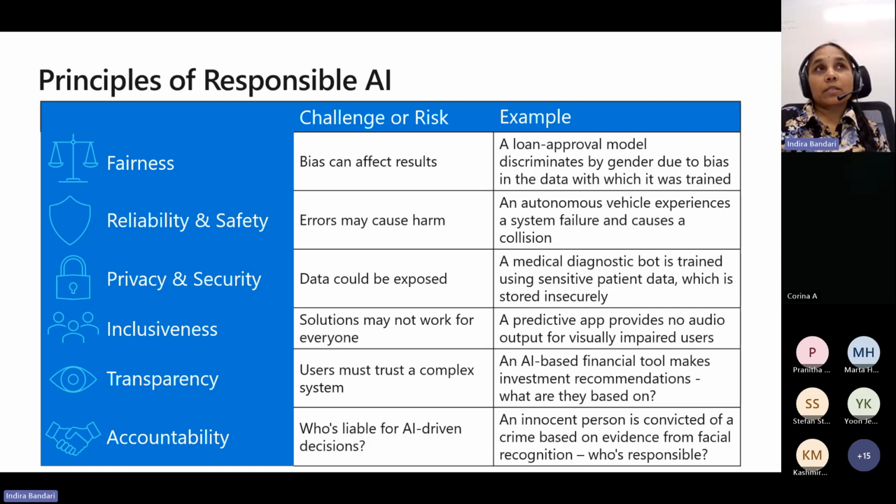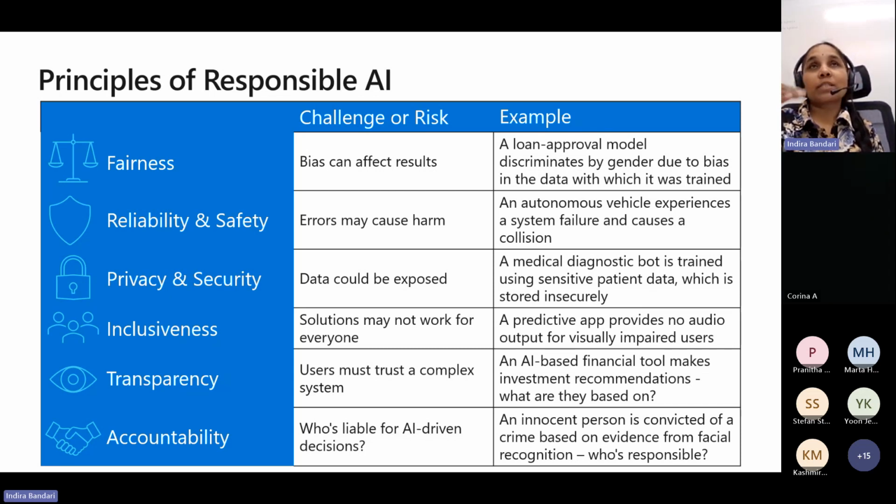Users must trust your AI app. Otherwise, there will not be adoption of the AI system. An example is an AI-based financial tool that makes investment recommendations. What are the recommendations based on?